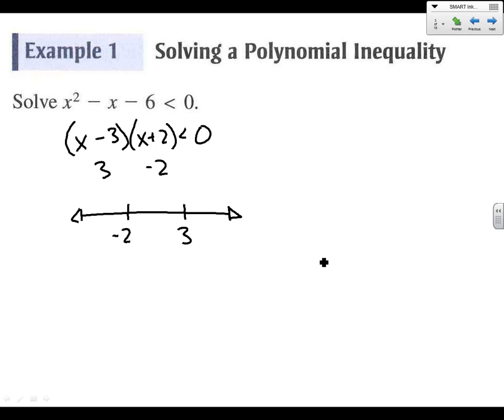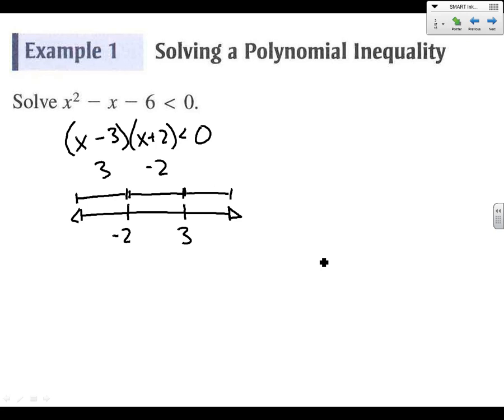Now we're going to pick a number from every interval. By interval we mean: here's 1, from negative infinity to negative 2. We're going to do the interval negative 2 to 3, and the interval from 3 going on to infinity. We just need to pick one number from every single section.